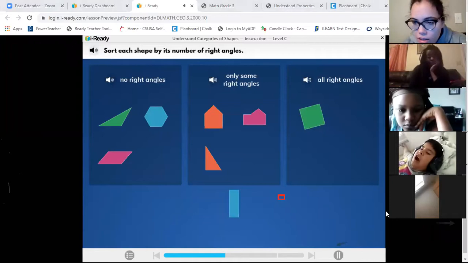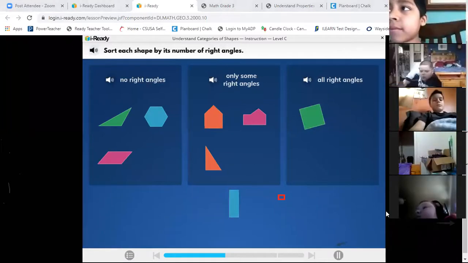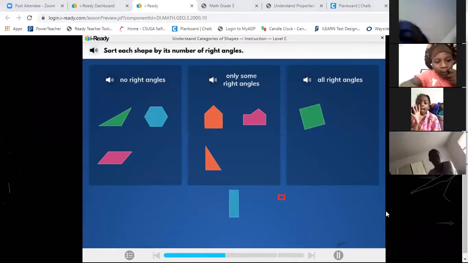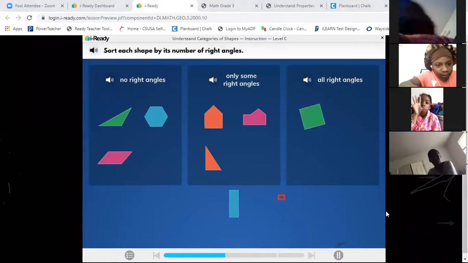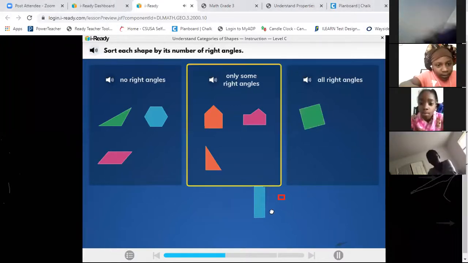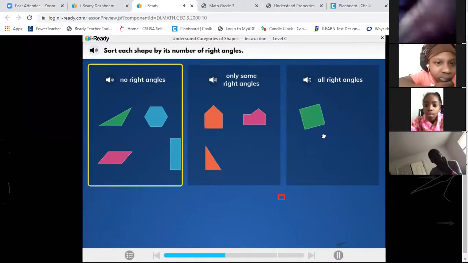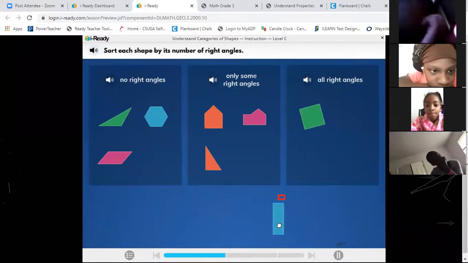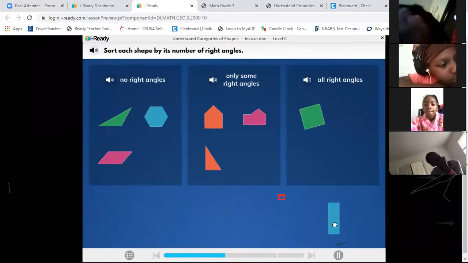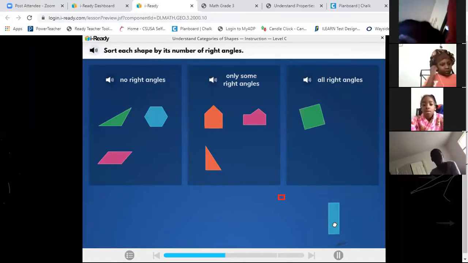What about this rectangle? Delilah? I was gonna say Krishan, but okay. I'm sorry. Krishan, where does that one go?